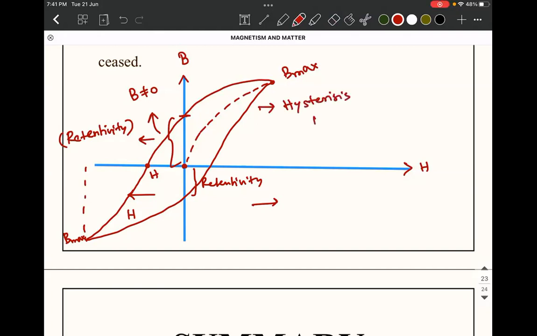hysteresis loop. Okay, this is what is called the hysteresis loop. And why is it called hysteresis loop? Because there is a lagging that exists between the value of B and H. Okay, so this is what happens.